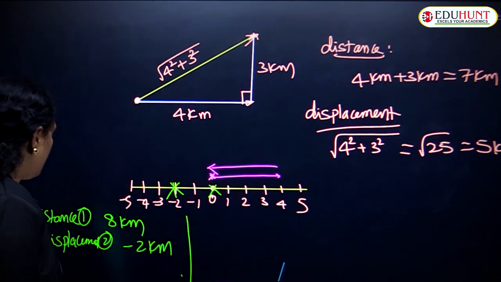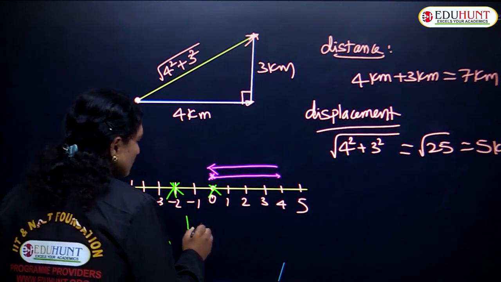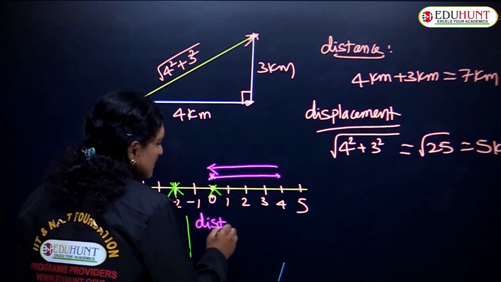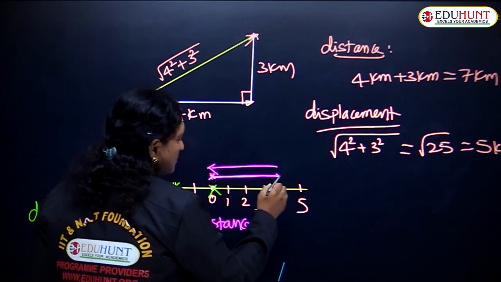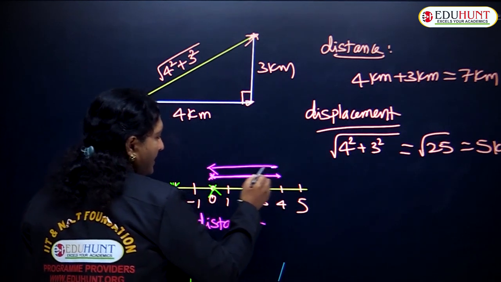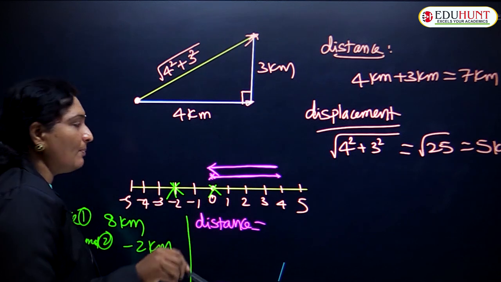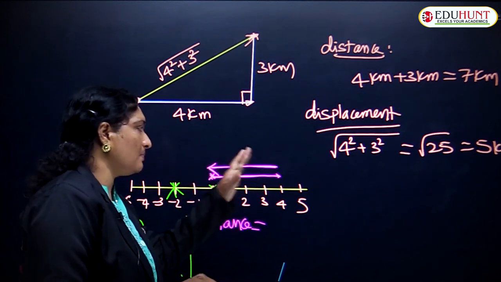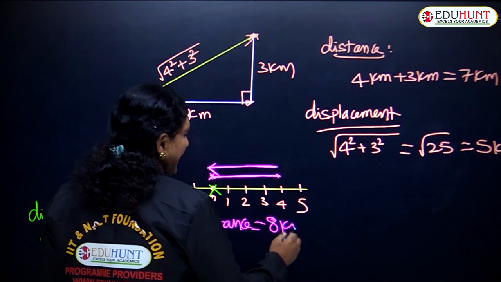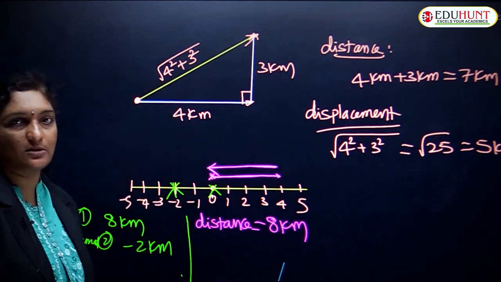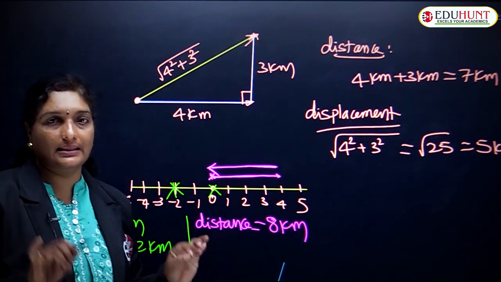Then in case 2, what is the value of distance covered, children? Distance equals the actual path length, from here to here 4 kilometers and again from here to here. What is the actual path length? 4 kilometers plus 4 kilometers. How much is that again? This is 8 kilometers. 4 plus 4. It is the actual path length.